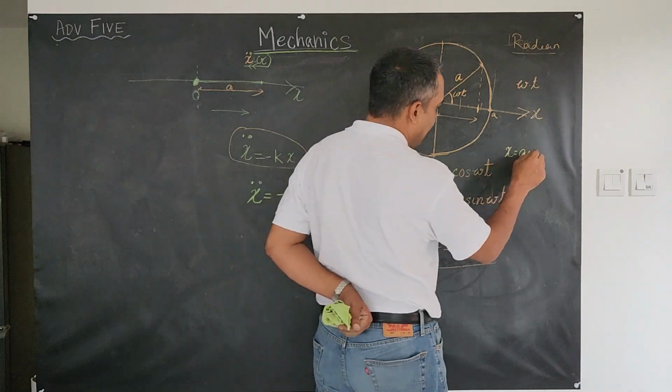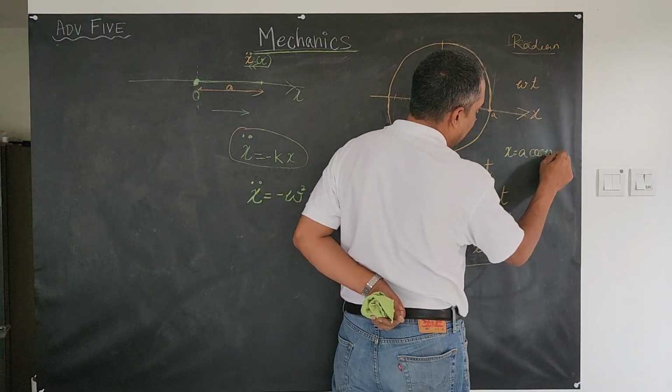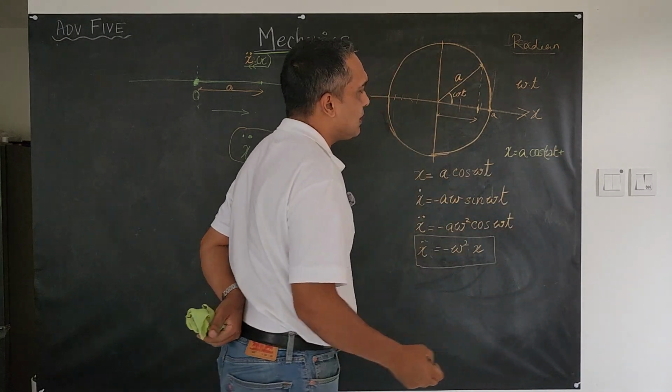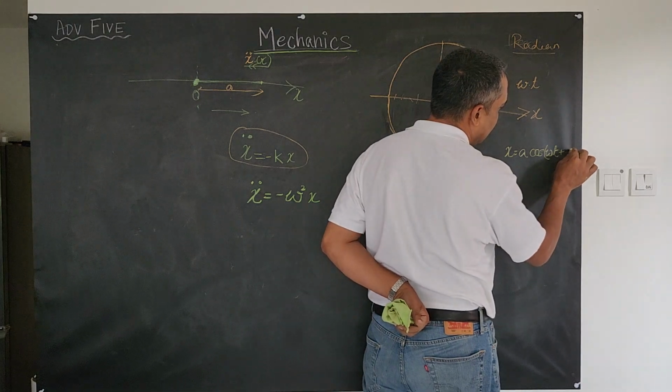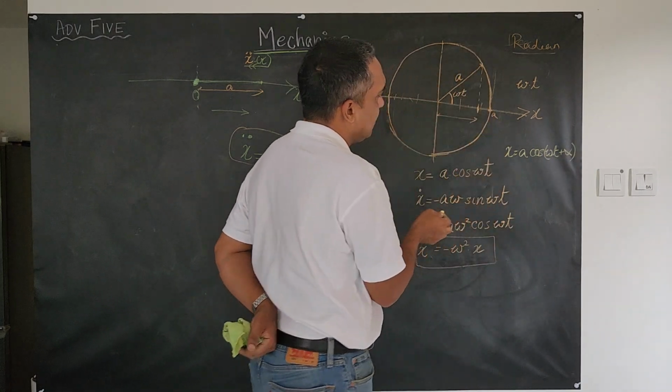I could possibly do cosine omega t plus some constant for the offset, like alpha, which is like an angular offset.